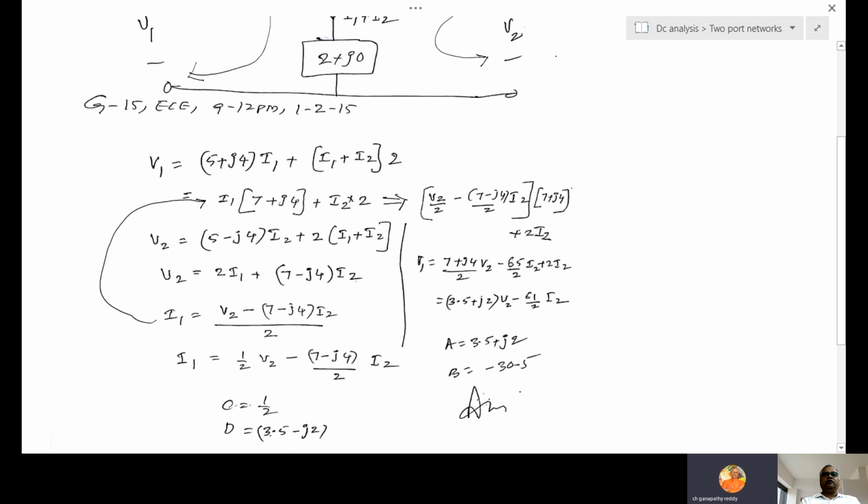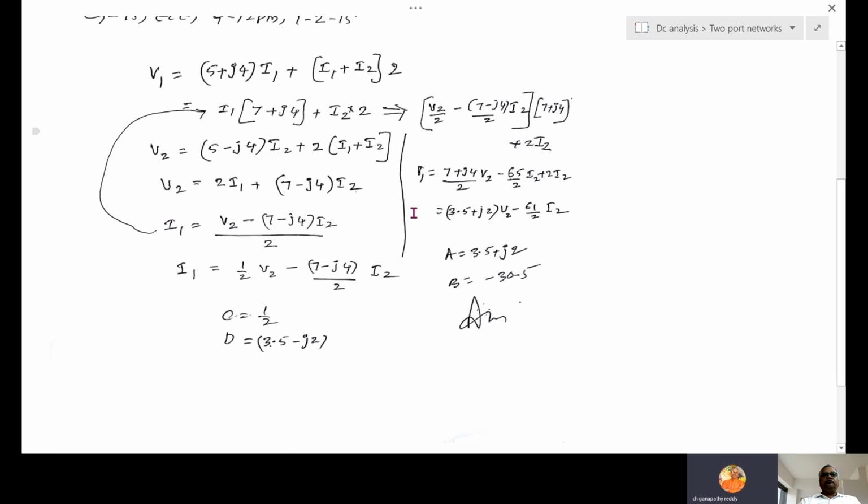In place of I1, write this one plus 2 into I2. Further simplify, and we want V1 in terms of V2, I2, then I1 in terms of V2, I2.